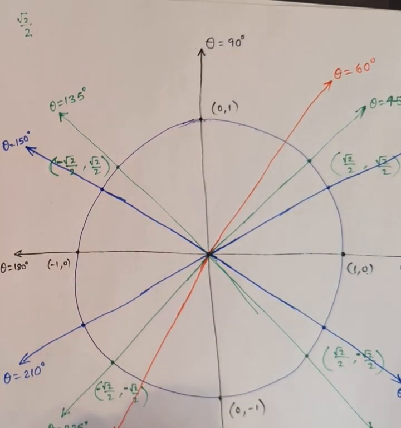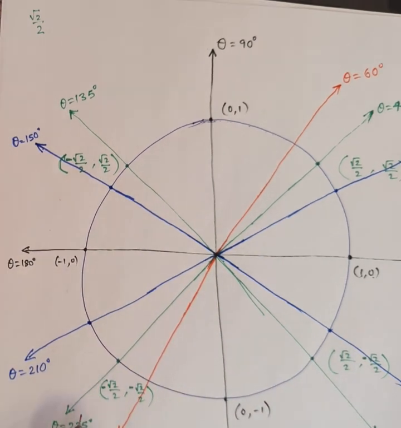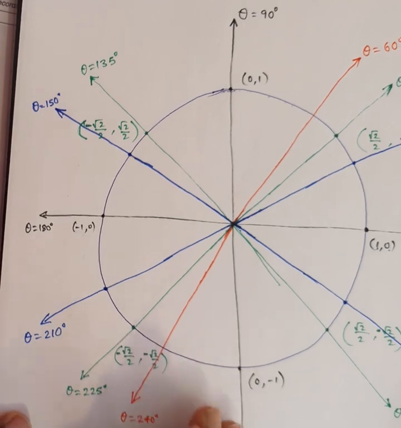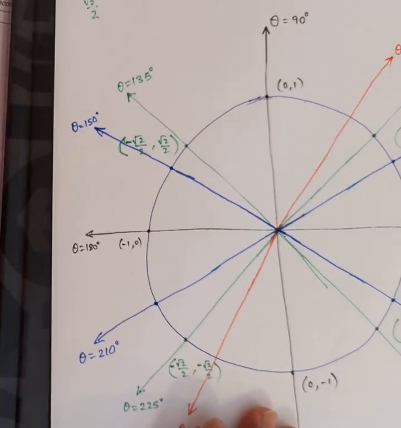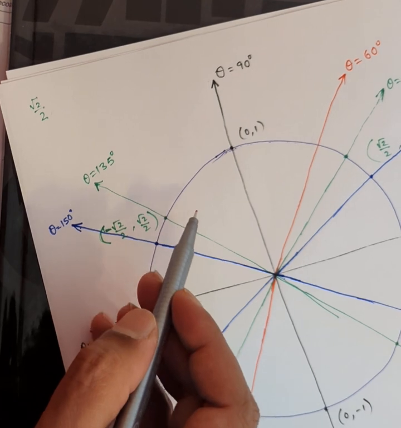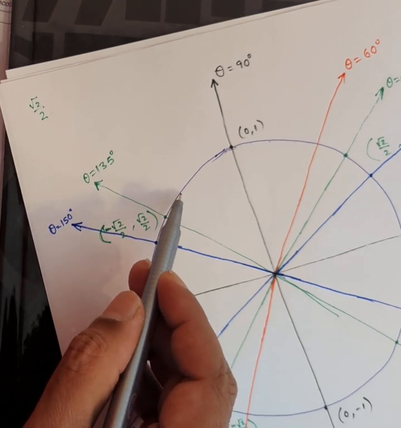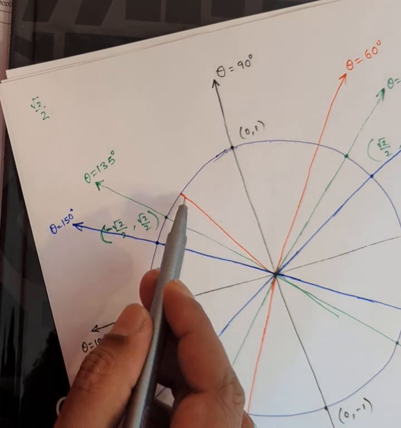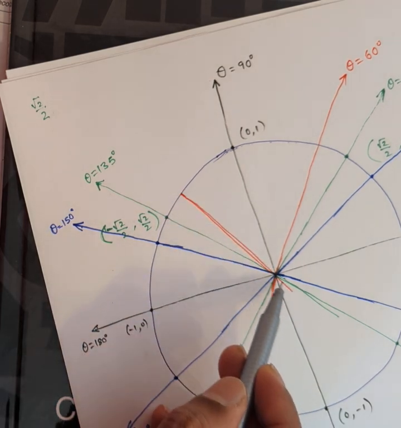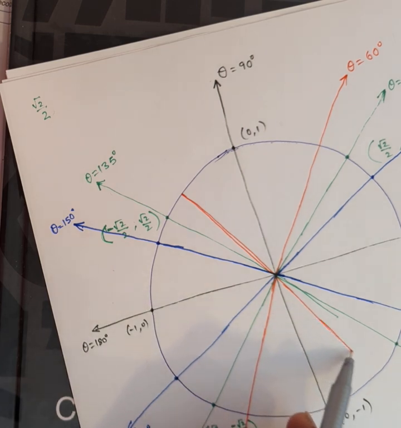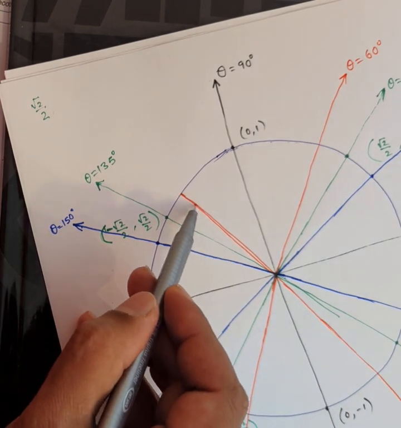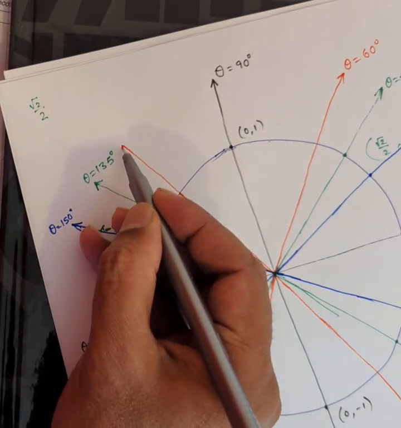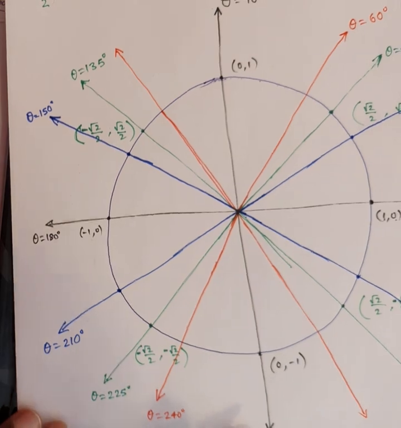And this would be, it has come closer to the y-axis, so it's more than 225. It's 240 degrees. And similarly, let's go ahead and draw the line closer to the y-axis going in the second and fourth quadrants. So you have this line that goes in the second and fourth quadrants.